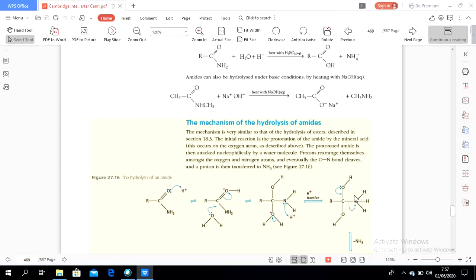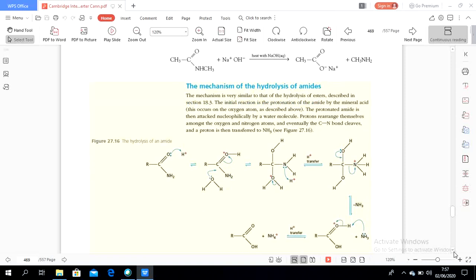In order to make the structure stable, the lone pair of electrons of the oxygen is attracted to the carbon, and then the electron of the carbon is taken by the nitrogen. That makes the NH3 leave the structure of the amide, and then there is a lone pair.